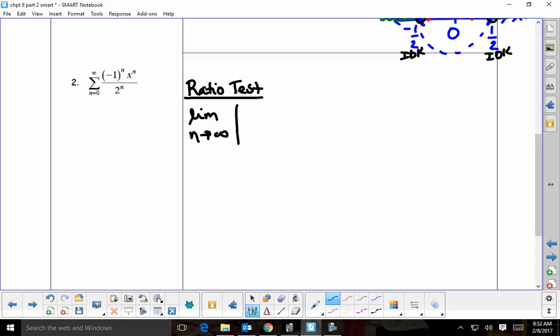Do I even have to worry about that negative 1 to the n as I go plug it in? No, it's always going to be a positive 1 when I do the absolute value. So make your life easy and just don't worry about it. You don't have to put it in when you do the absolute value.